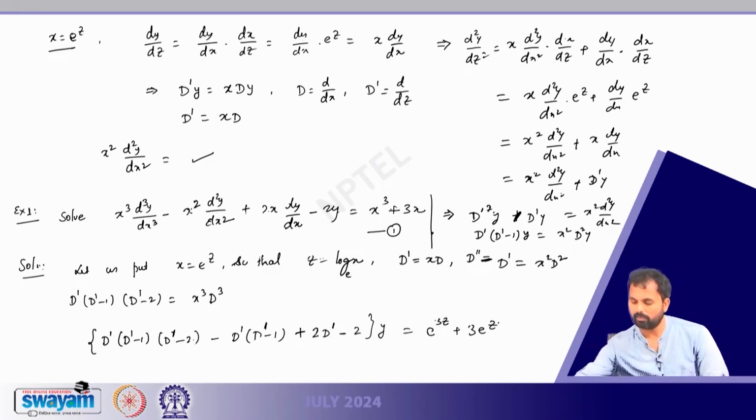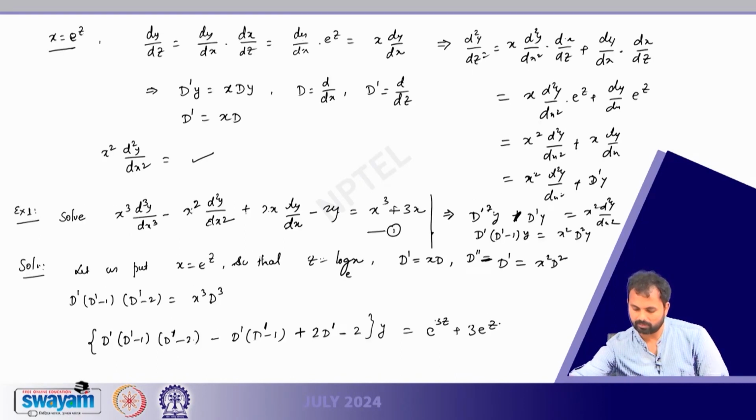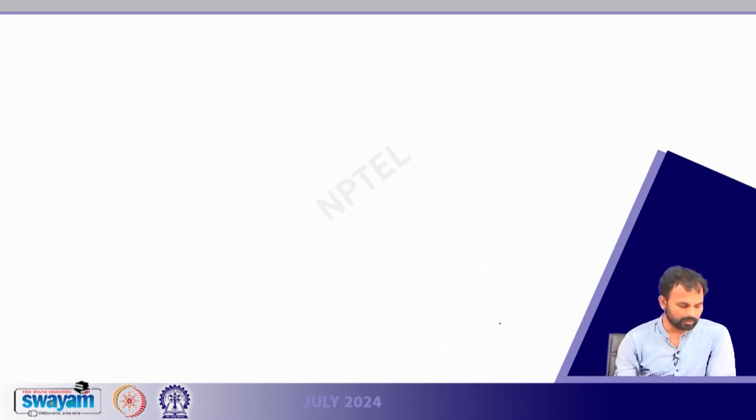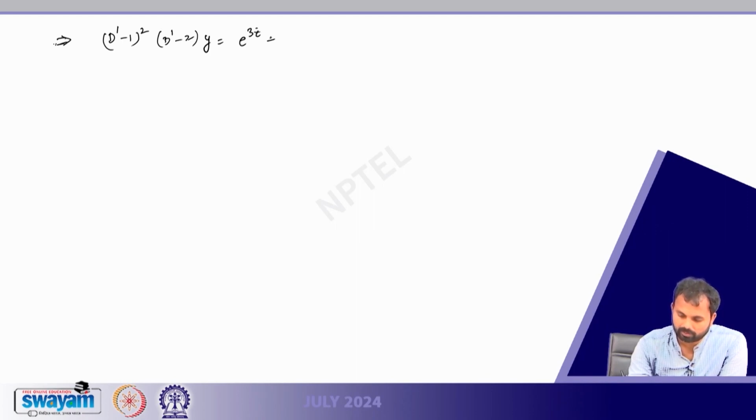So if I simplify it further, then this will yield something like this. So this will give D dash minus 1 whole square into D dash minus 2 into y is equal to e to the power 3z plus 3 e to the power z, right.